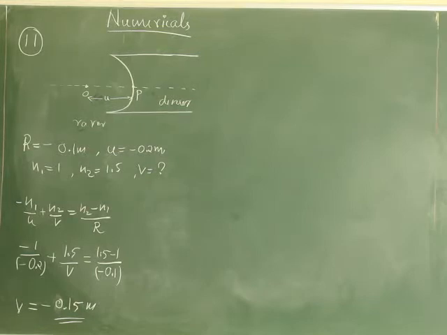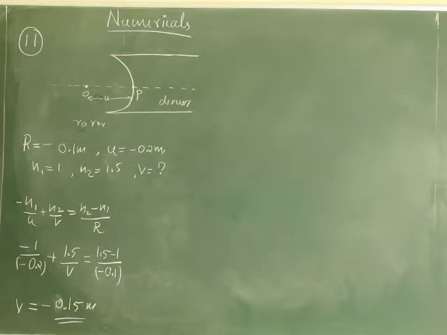So v, how much is that? Minus 0.15 meter. That means on the same axis, somewhere outside, at a distance of 0.15 meter it is situated.